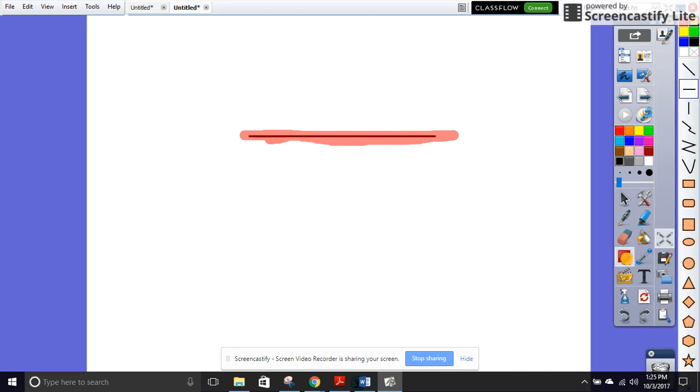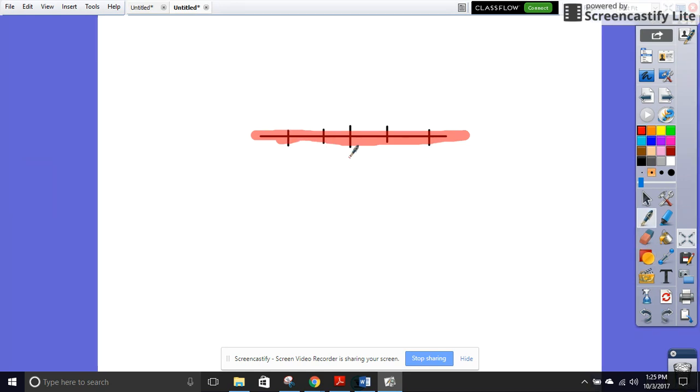Okay, so the whole thing is shaded, and it doesn't matter where you number. So if this was 0, 1, 2, -1, -2. Okay, the entire number line is shaded. That's all real numbers.